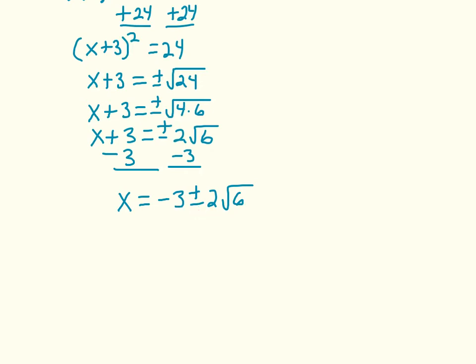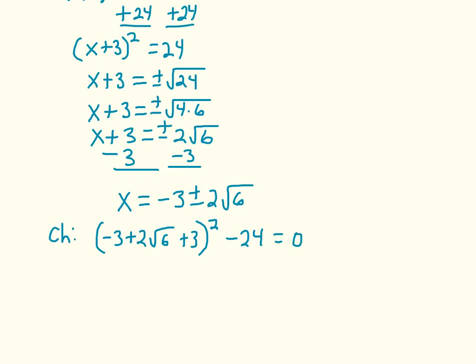So I can check both of those, and probably a good idea to use your calculator here so you don't have too much busy work. So I'm going to substitute negative 3 plus 2 root 6, plus 3, the quantity squared, minus 24, and does that equal 0?